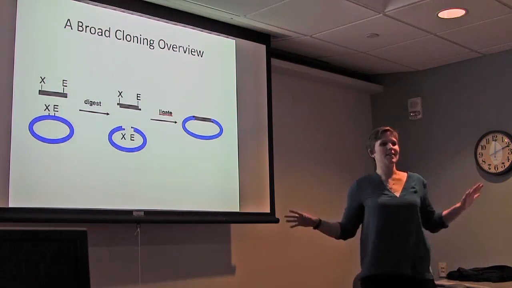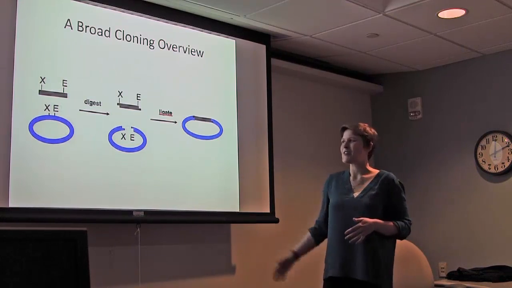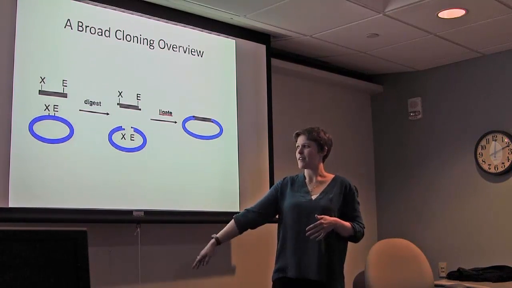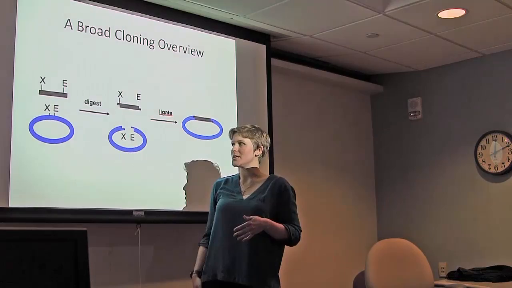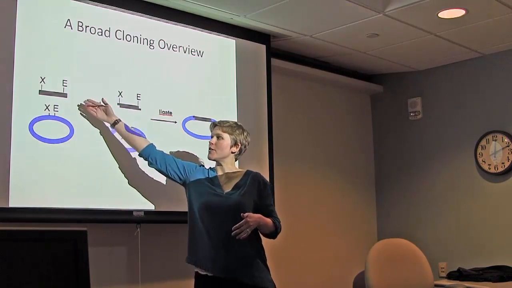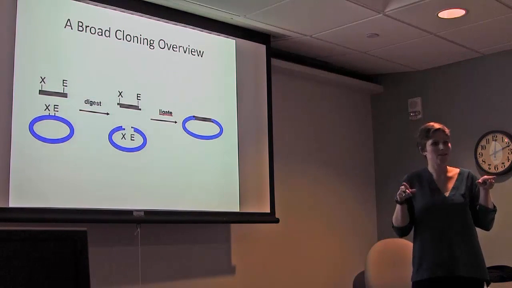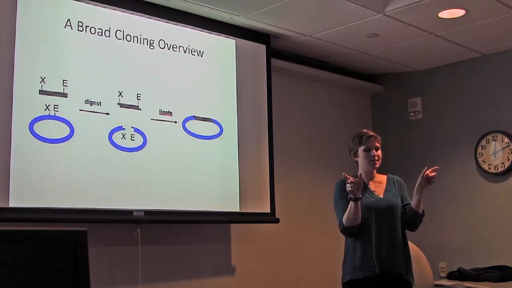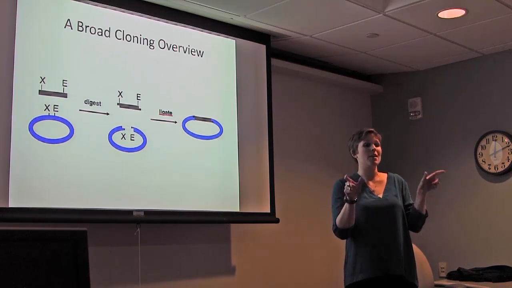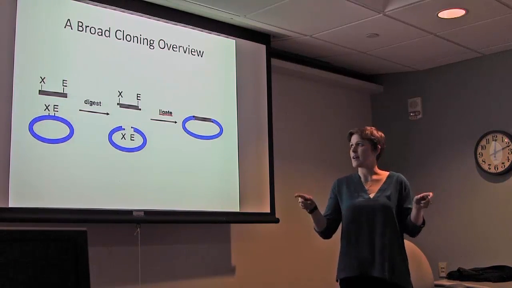So broadly, cloning is this easy. So basically what you have is you have your vector that you want to go into, you have your gene of interest, and it has these restriction sites on it. So these are just portions of the DNA that are sequences that can be cut by restriction enzymes.